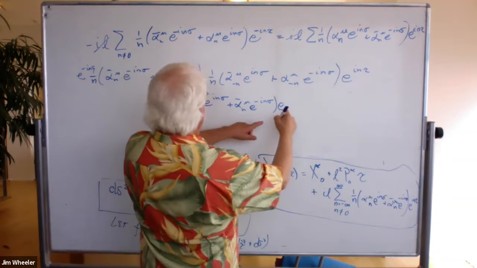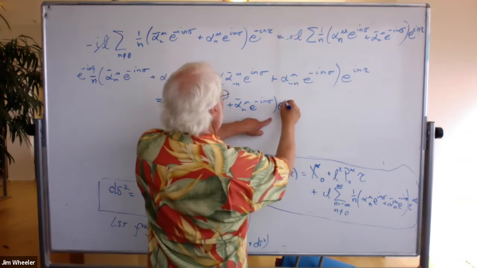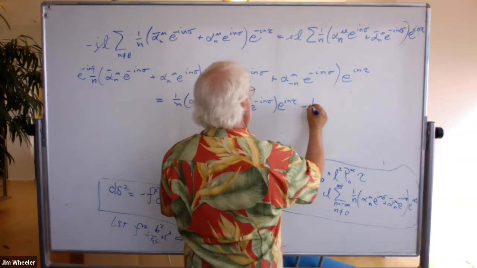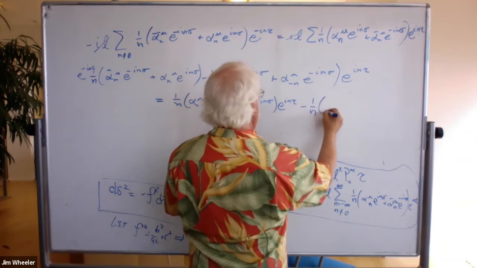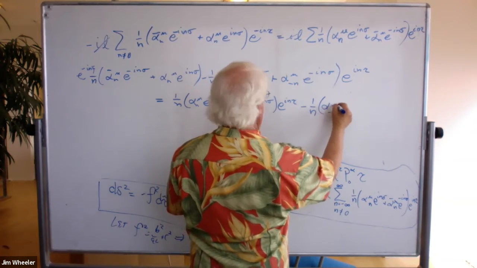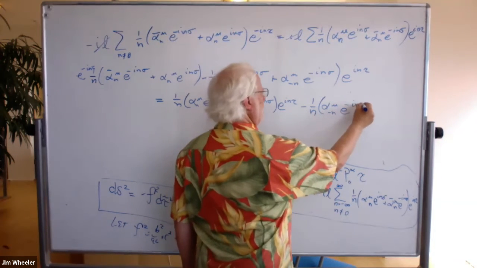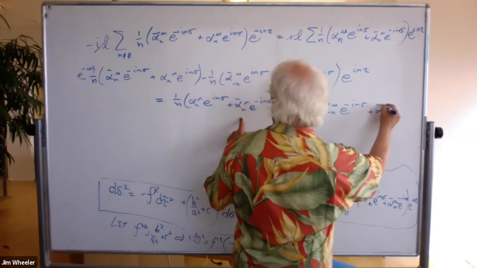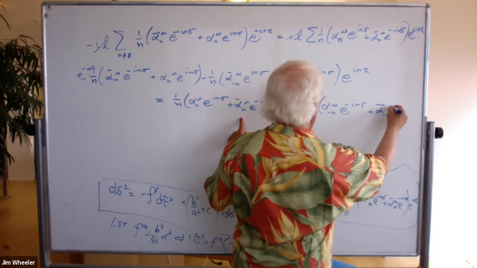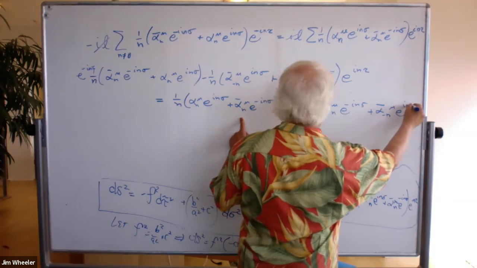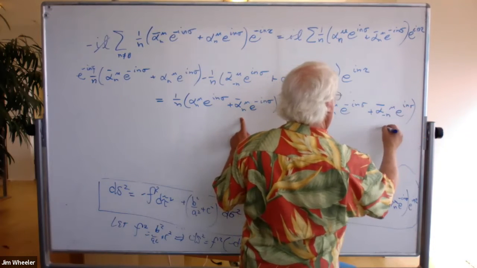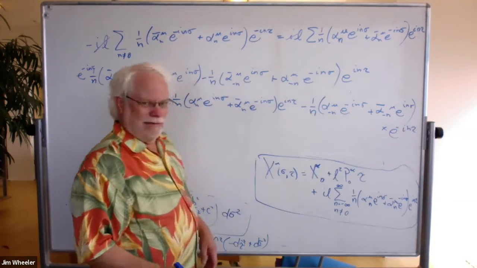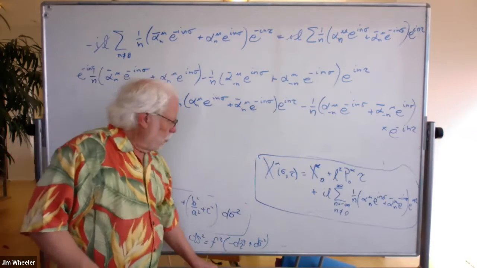e to the i n tau, and the same thing with minus n: alpha minus n mu e to the minus i n sigma plus alpha bar minus n mu e to the i n sigma times e to the minus i n tau, and I need a bigger board.